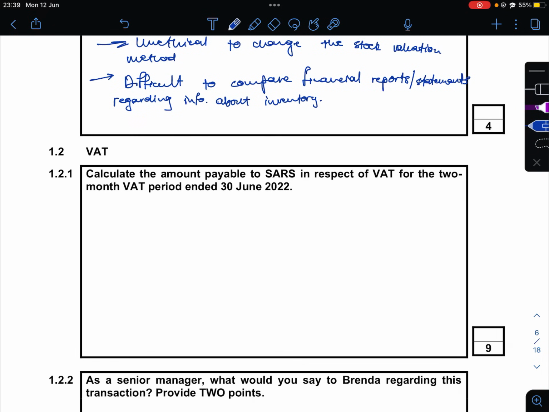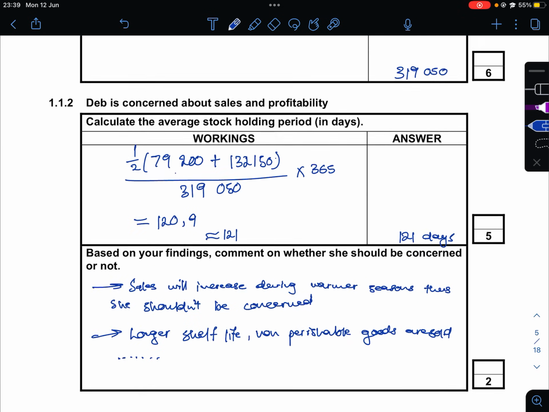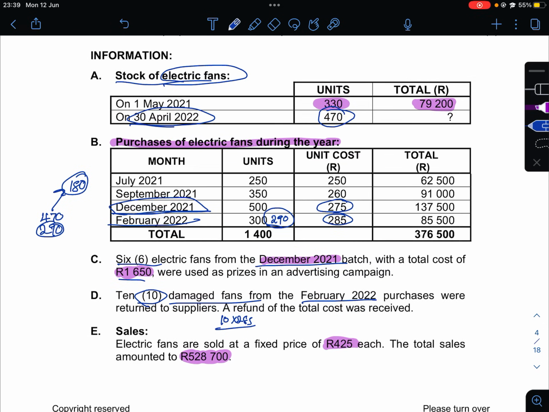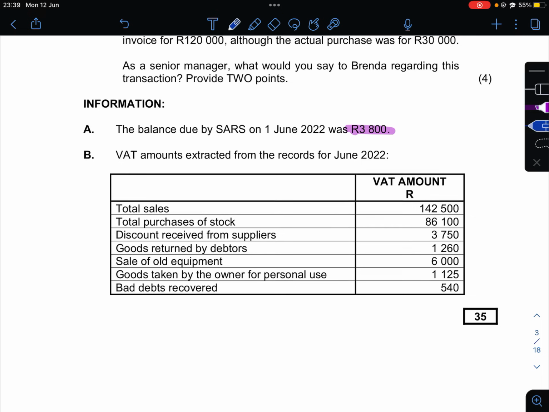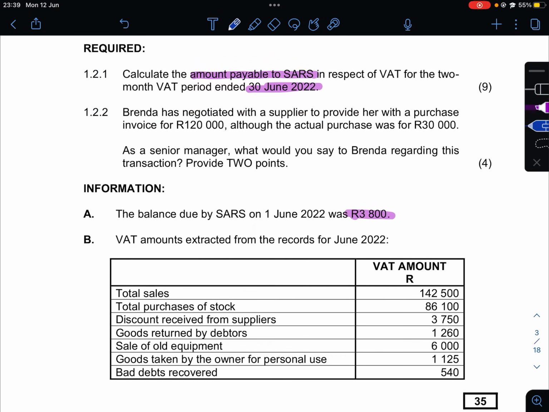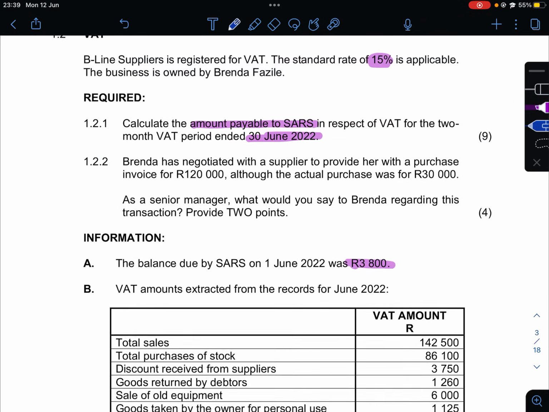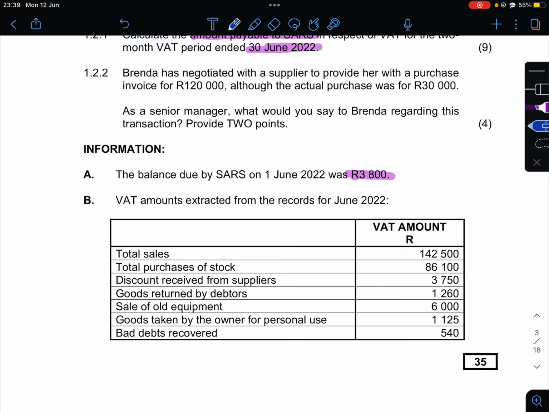And then 1.2 says calculate the amount payable to SARS in respect of VAT for the 2-month VAT period. Okay. Now where's our question? Information. Trying to look here. Oh, there we go. Here's our information. So our information for 1.2, this is what we have.